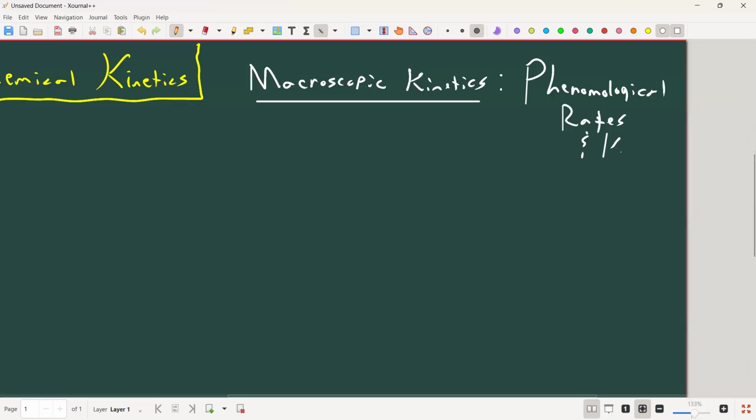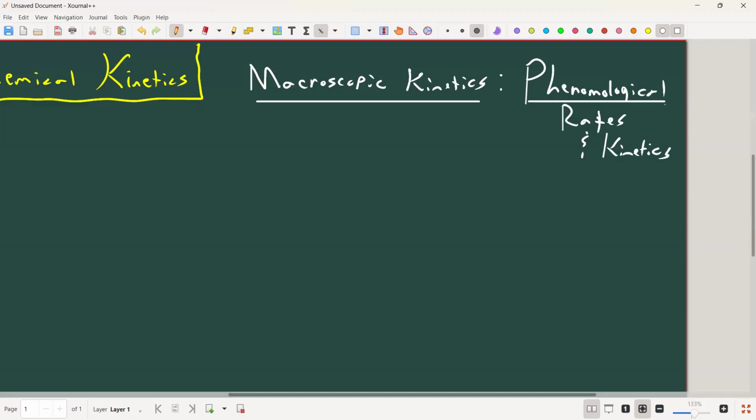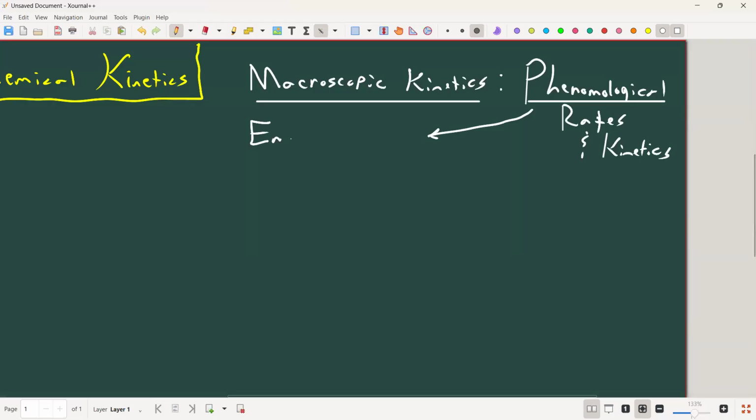Phenomenological is an interesting word. It actually comes from philosophy. It's the idea that we're interpreting observable phenomena. So we're coming up with a kinetic model for our system just by observations, by using empirical data. So this is like an empirical kinetic theory.